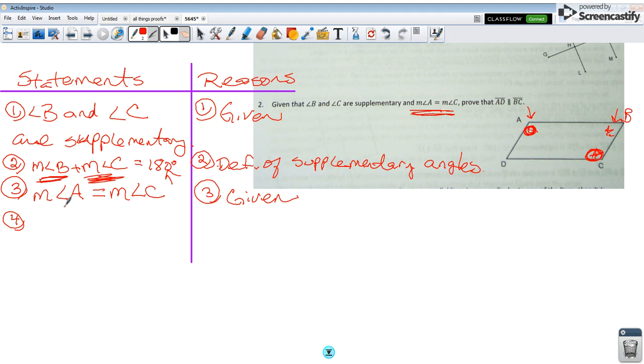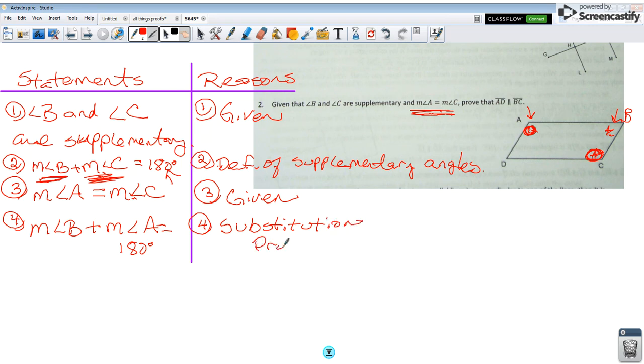So then, based on substitution, knowing that this angle is equal to this angle, we can say that the measure of angle B plus the measure of angle A is also 180 degrees because of the substitution property. Do you all see what I did there? Anybody not see what I did there? It's okay to not understand.